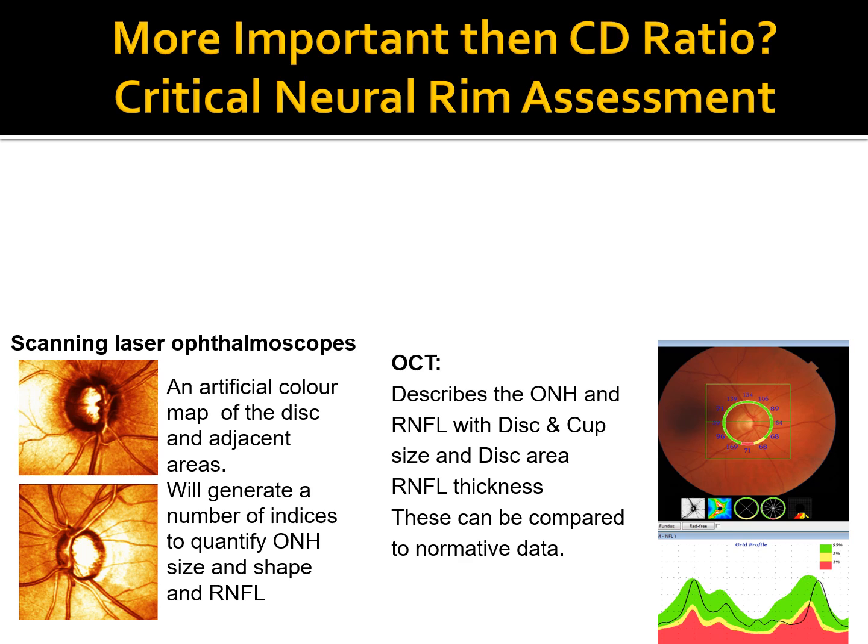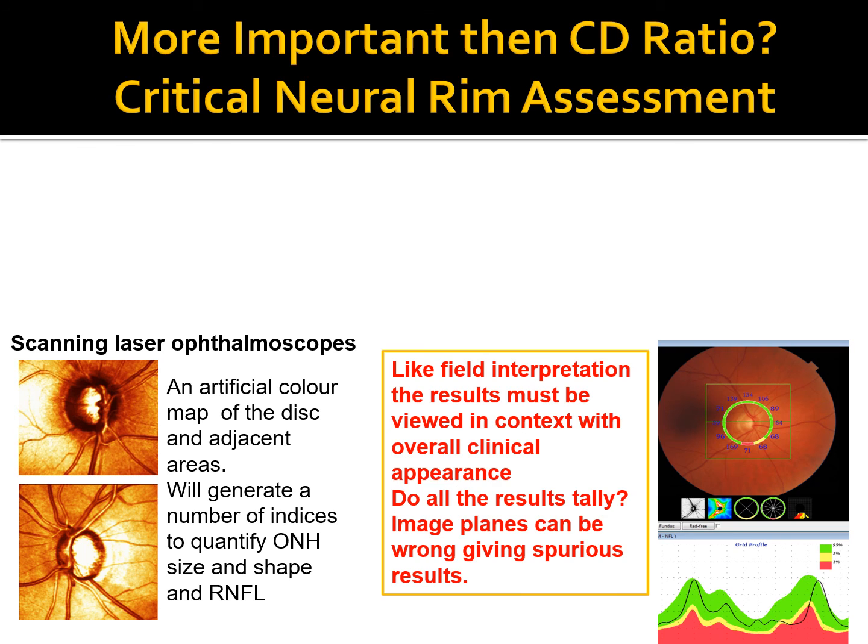So, things that are, in my opinion, more important than the CD ratio. It is critical to assess the neural rim. And okay, we've got scanning laser ophthalmoscopes, we've got OCTs that will give us a much more in-depth consideration of the retinal nerve fiber layer and so on.